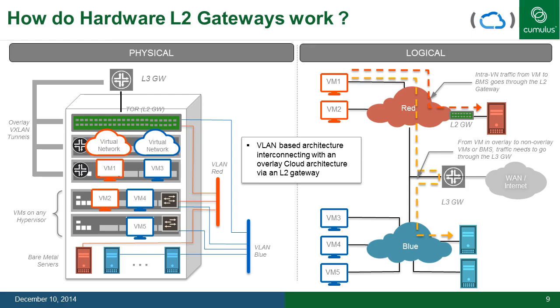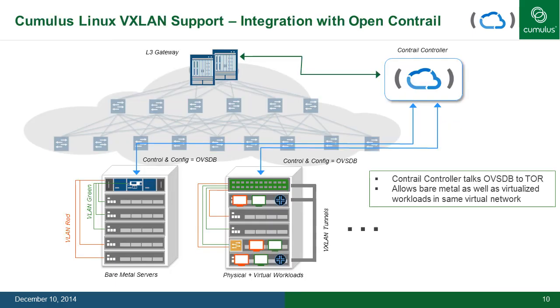So one example in this next slide, evolving standards like OVSDB, which really allow the controller to share configuration and control information to a top-of-rack switch, and obviously many third-party top-of-rack switches are starting to support OVSDB.